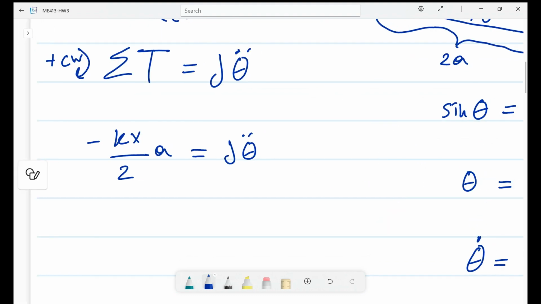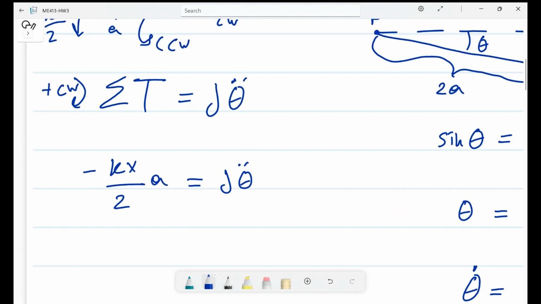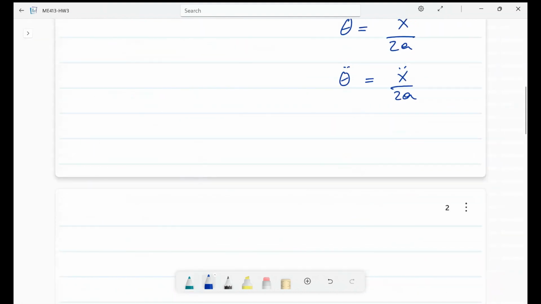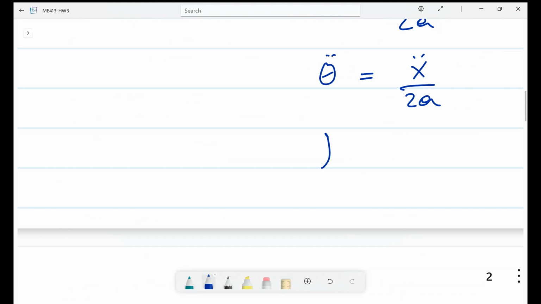And for J, we will treat this scenario as a pendulum scenario. So our J for this rod will be ml square, and our L is 2a, so it will be 4ma square.